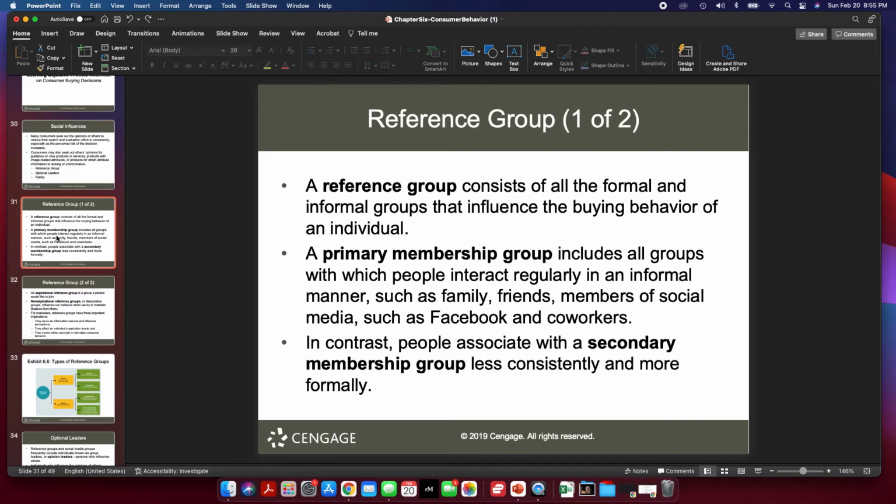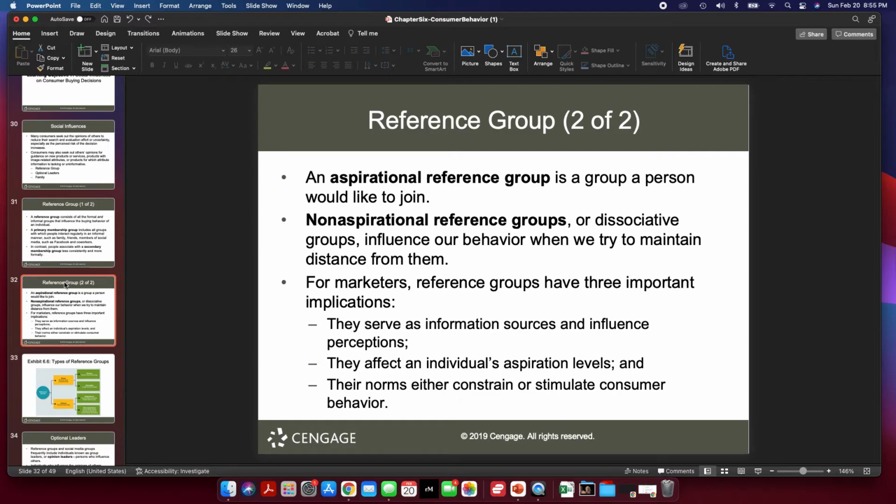So a good example of a primary membership group would be your family and friends. A secondary membership group would probably be the people that you work with or maybe go to school with. These are people that you don't talk to on a regular basis. An aspirational reference group is a group or a person that you would like to join or you would like to be like.